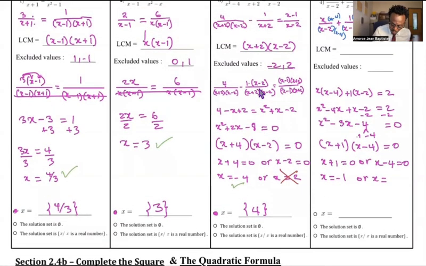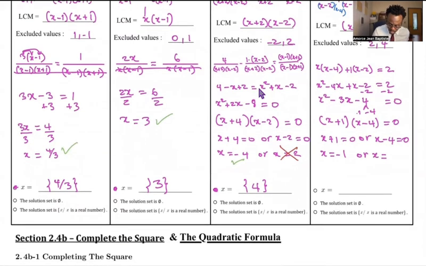Well, I forgot to write the LCM. The LCM is x minus 2 times x minus 4, and the excluded values are 2 and 4. x equals 4 is excluded, and x equals -1 was not excluded, so we can keep it. The solution is negative 1.